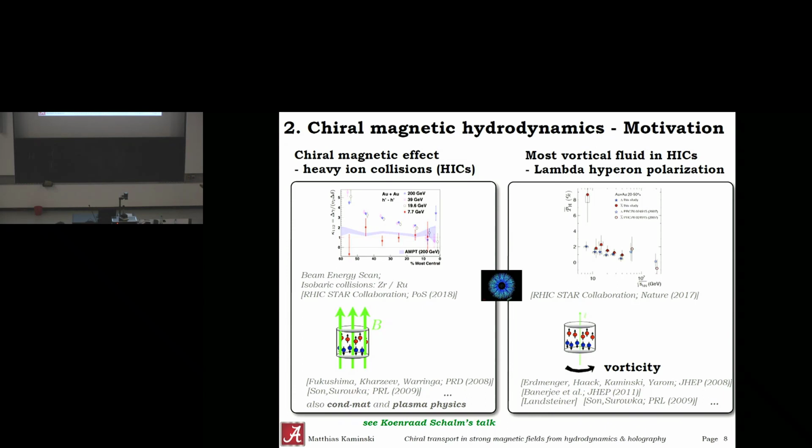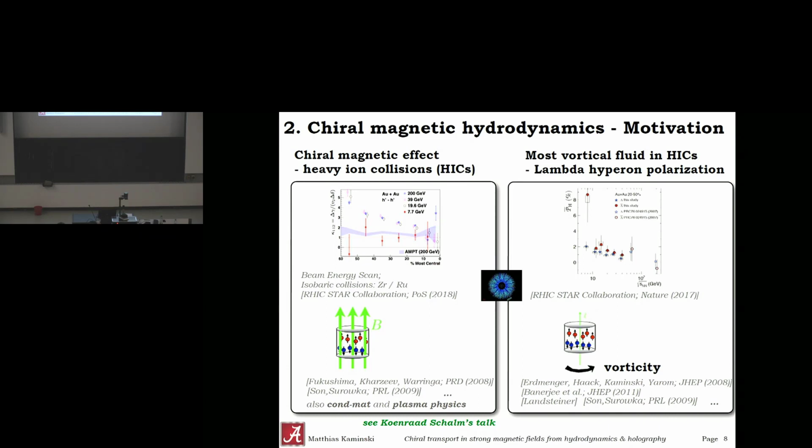One very recent suggestion and run is this so-called isobaric collisions run, where you have two ion species, zirconium and ruthenium, which are different in their charges but identical in their masses. And what happens there is the idea is in the collision of the particles with the ions with the higher charge should be more susceptible, should react stronger to this chiral magnetic effect. So it should show a stronger chiral magnetic effect if the signatures produced in these collisions are really due to this chiral magnetic effect.